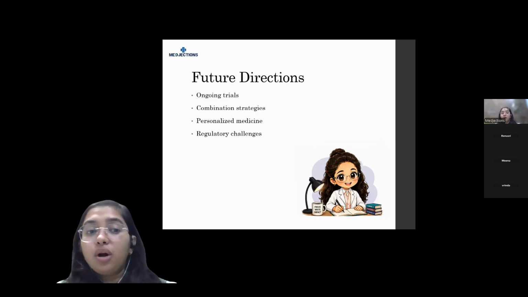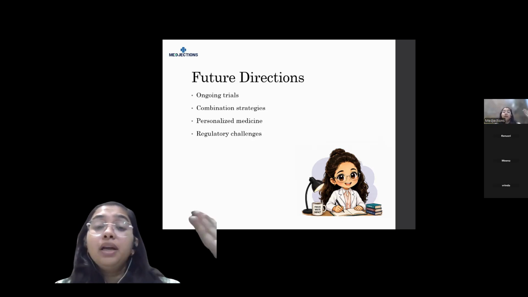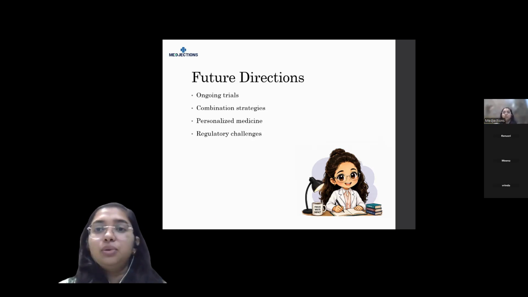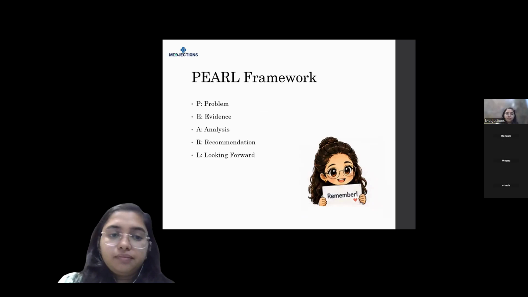So we have to think about all those four points in the future directions. These come when you read all the papers, conclude all the things, and then decide what regulatory challenges can happen. That way you decide and write the future directions, okay? Now comes the Pearl framework.